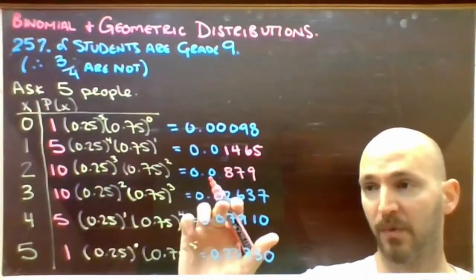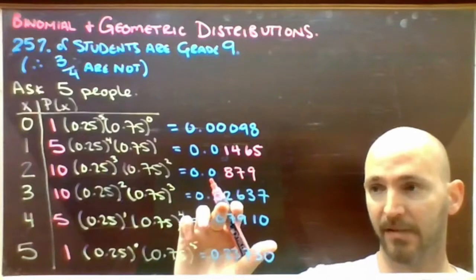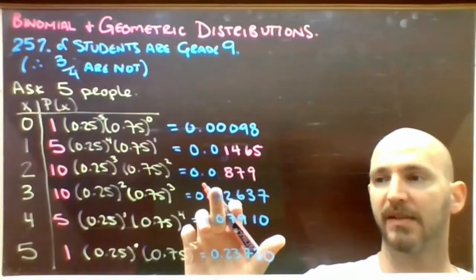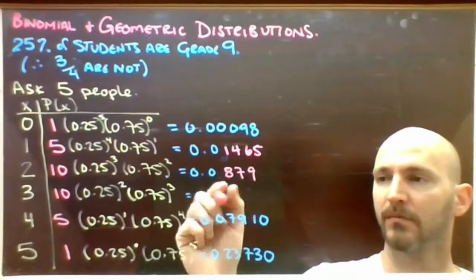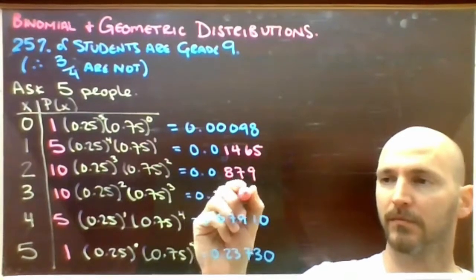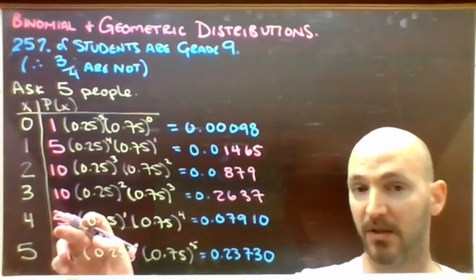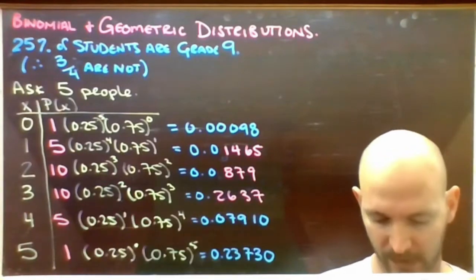This one here, 0.02637 multiplied by 10 would be 0.2637. This row should have been multiplied by 5 for the 5 sortings.